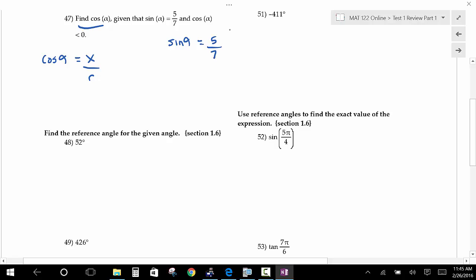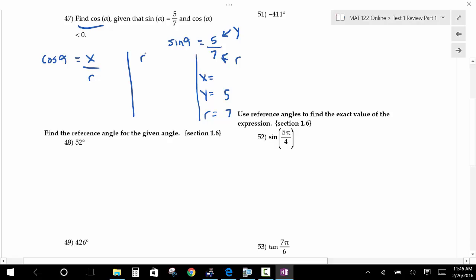You're being given clues, you're figuring out the crime. So we've got sine is y over r. That means y is 5, r is 7. We need to figure out what x is, and the sign of it, whether it's positive or negative, by the clues of the problem. We need to figure out by the Pythagorean theorem what x is.